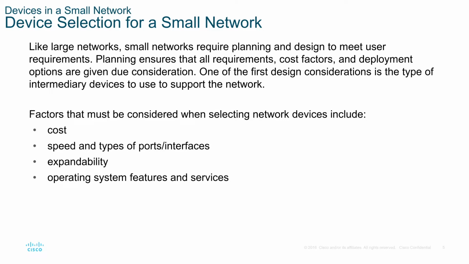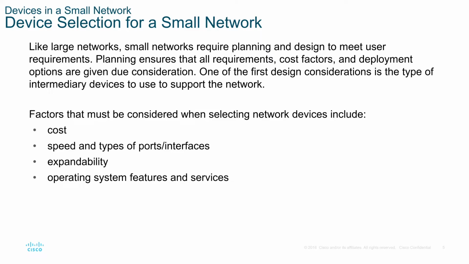Cost is always a major factor. You may not be able to put in the maximum that you want during the first year. The network may have to grow with the company so that it's not a huge expense all in one year. It can be distributed over a number of years as the company grows.